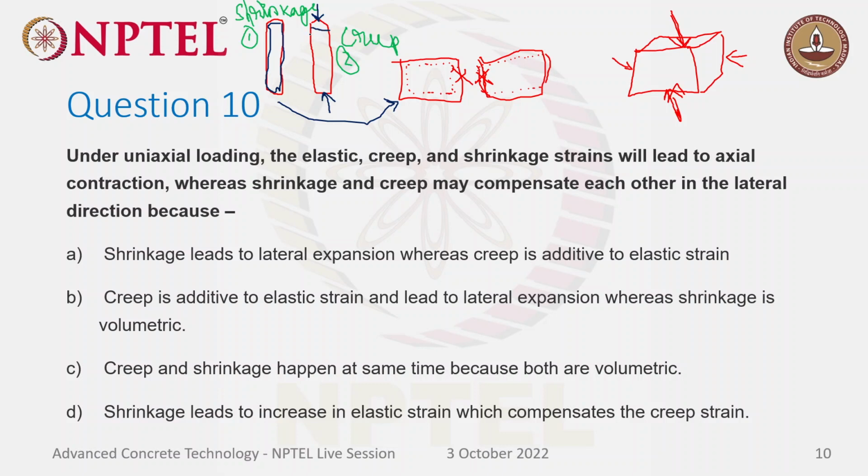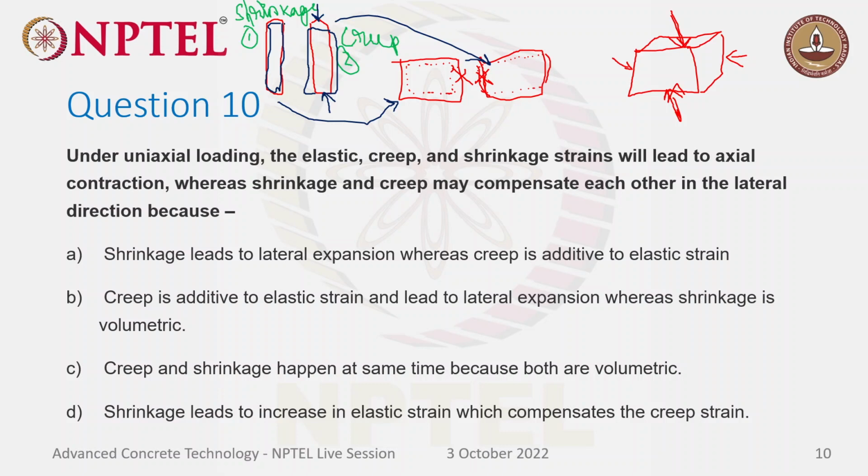And if there is some reduction in its height, then obviously there's some increase in its lateral direction, right? As I said here, there is some shrinkage in the lateral direction due to shrinkage.